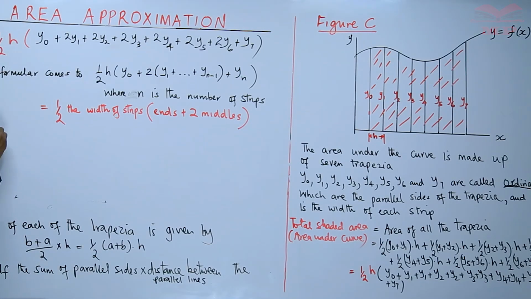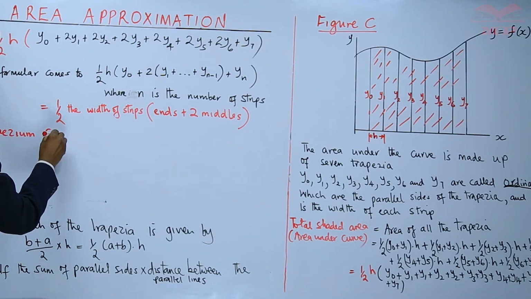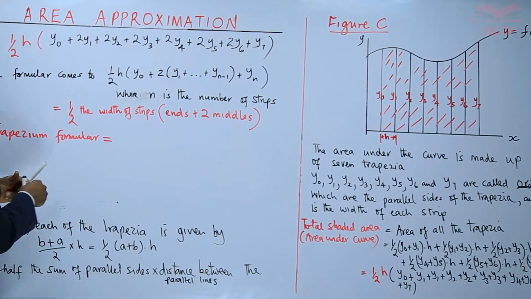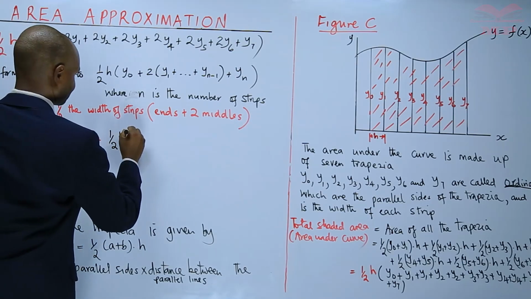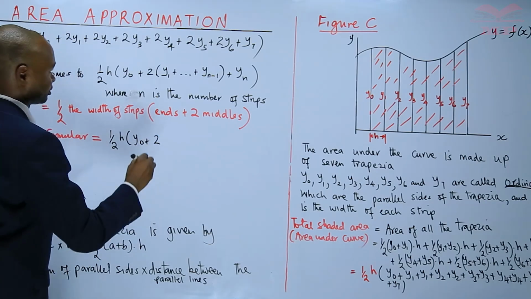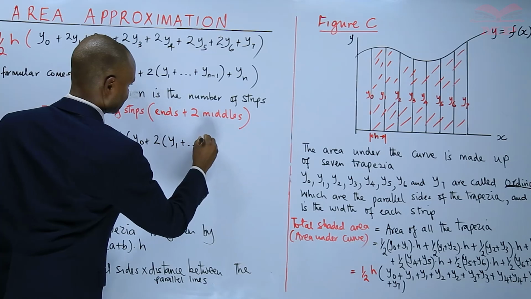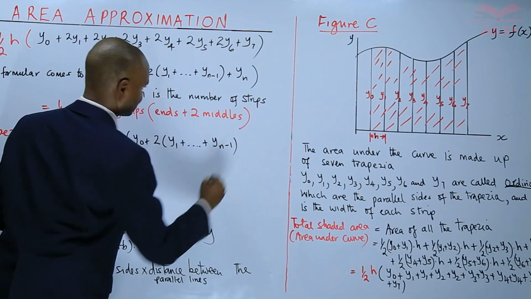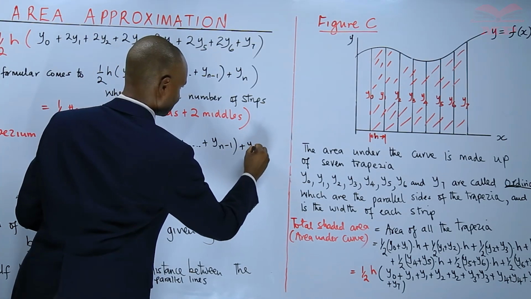So the trapezium formula is equal to a half h into (y0 plus twice (y1 and you add up to yn minus 1) plus yn).